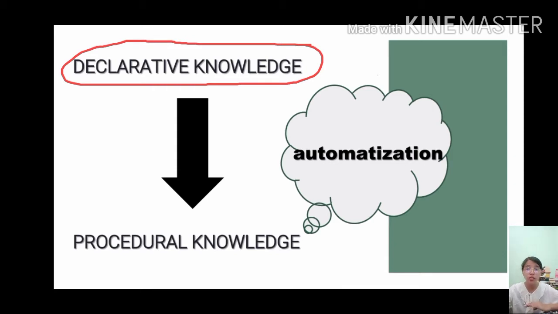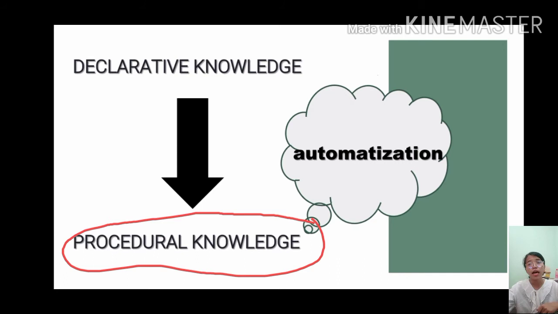Learners using their declarative knowledge hold all this knowledge in memory and apply it each time they are required to use the tense, while procedural knowledge is the actual use of the said declarative knowledge.